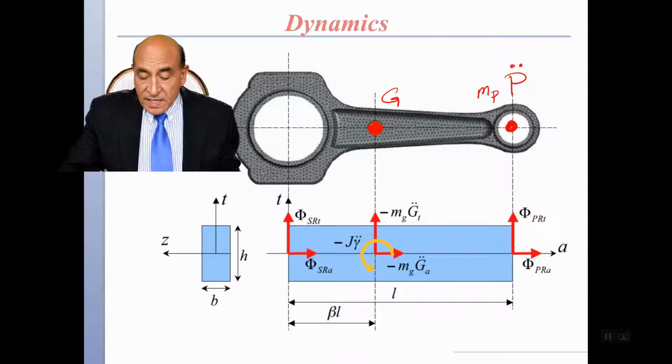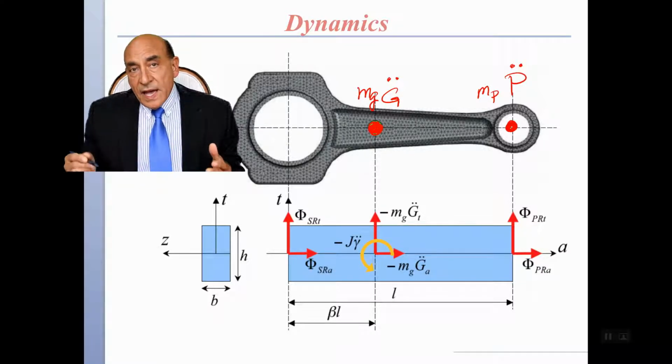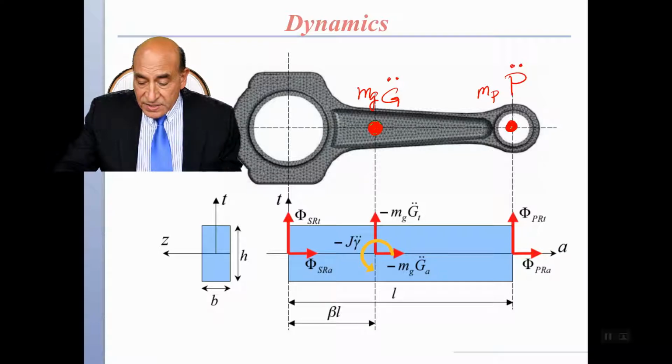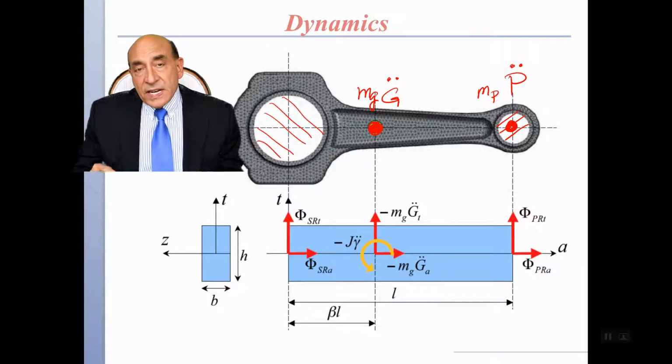That is the acceleration. Similarly, the connecting rod has a mass m_G, m of the connecting rod, and it's moving with an acceleration. So these are the two reduced particles that we need to describe for the motion that determines all of the forces on the rod. The forces on the rod, we have reactions from the piston on the rod, and we have reactions from the crankshaft on the rod.